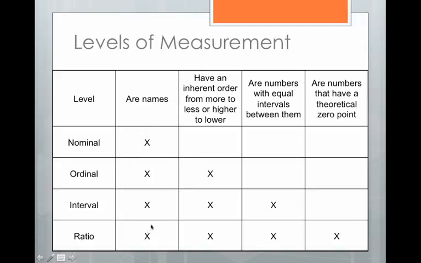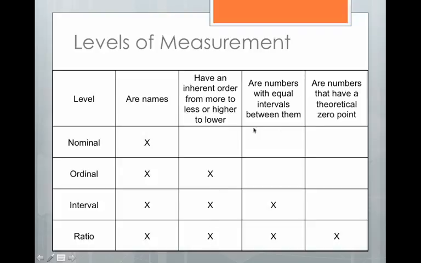Those numbers have names attached to them. The second characteristic is that there's an inherent order from more to less or higher to lower. This is where nominal drops out, because nominal level variables don't have any rank or order or hierarchy to their categories. But ordinal, interval, and ratio all do.